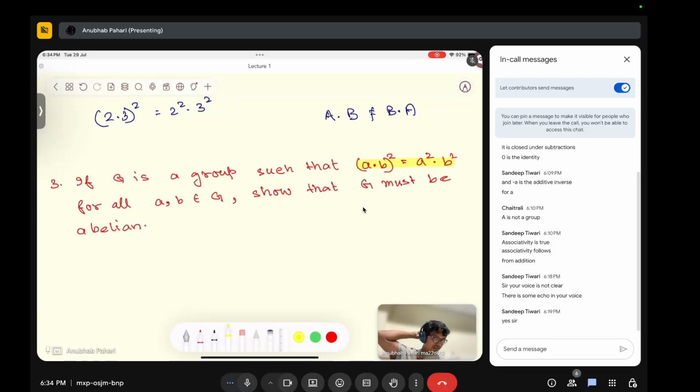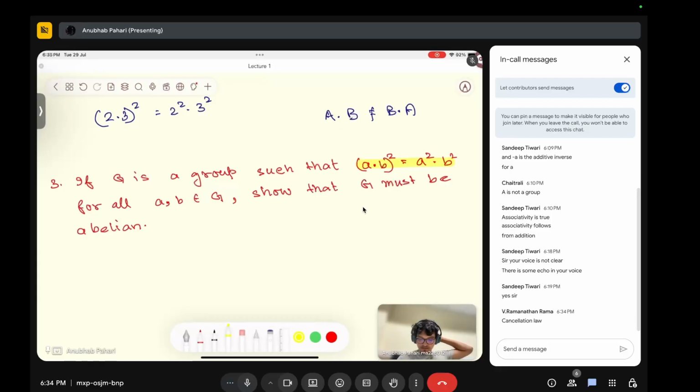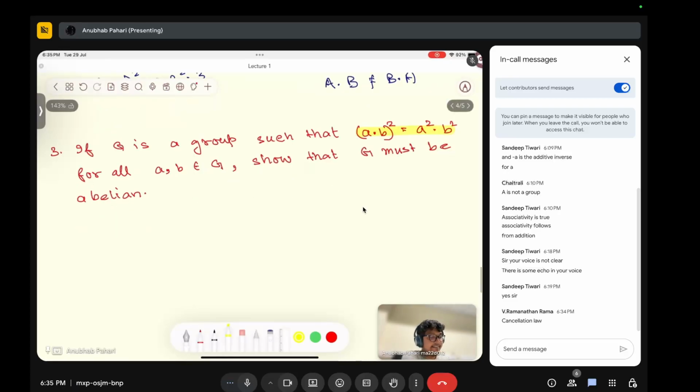So can anyone tell me how to do it? Yeah, the cancellation law should be applied.